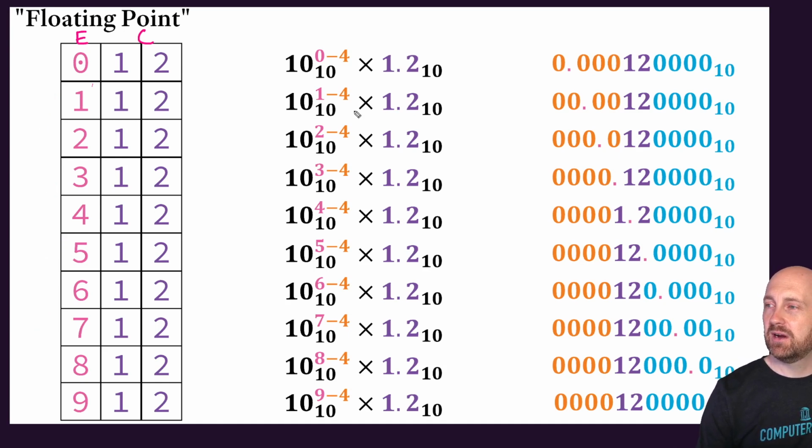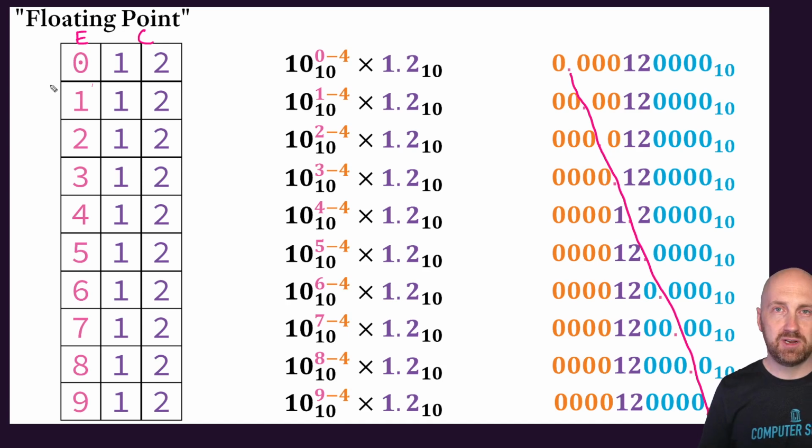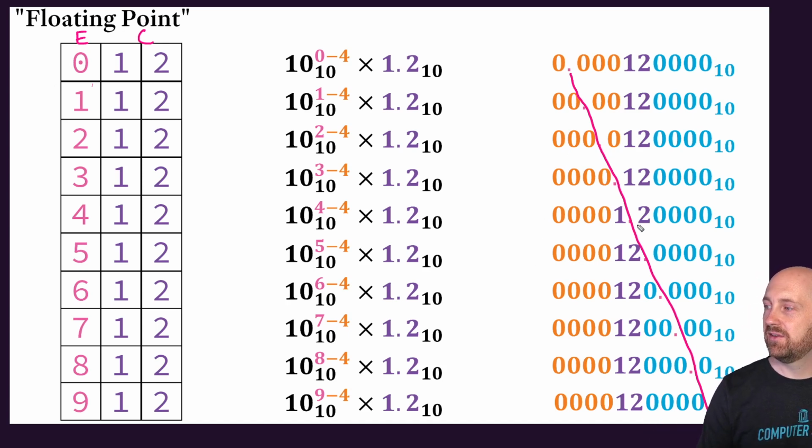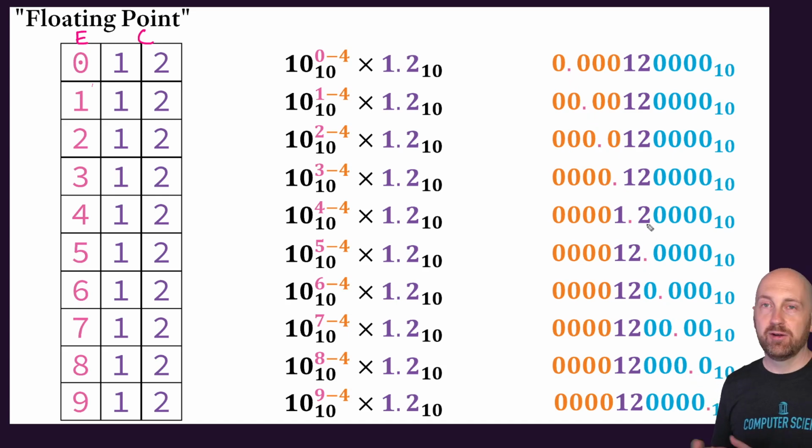And notice what's going on is our exponent is increasing by 1 each time. So our order of magnitude is increasing by 1, which has the effect of shifting where our decimal digit is, right? So as we increase our exponent digit, our decimal position in our number is moving further away from 0, such that we have larger and larger numbers.